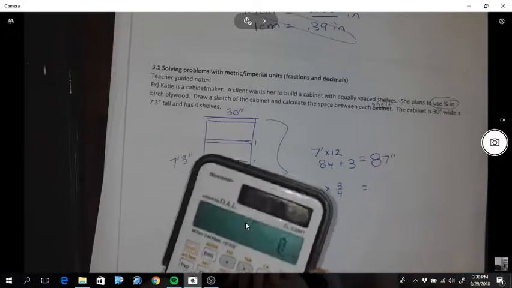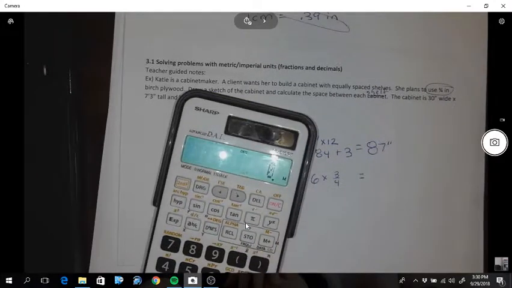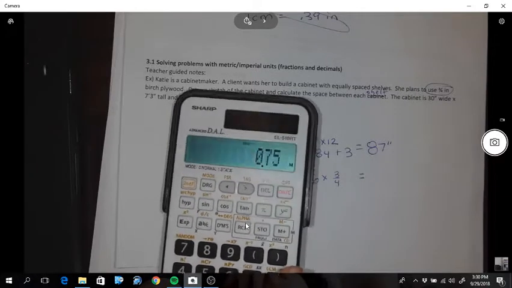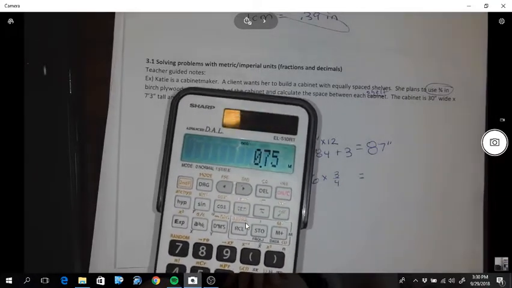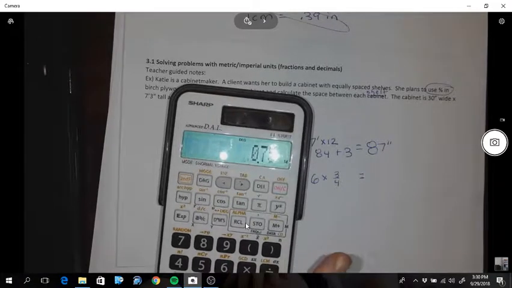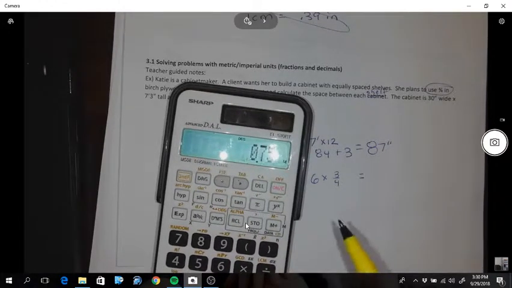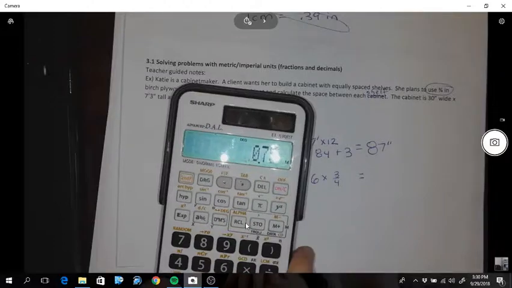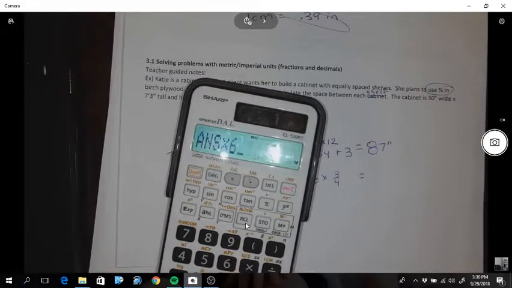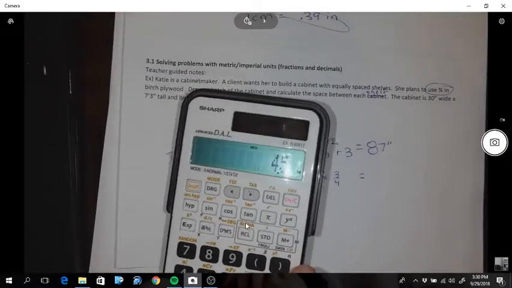If I don't know what 3/4 is, I can type that in as a fraction like this, 3 divided by 4. Okay, 0.75 is a decimal that you should recognize that's equivalent to 3/4. So if you knew that, you can already have 0.75 in your calculator. Times by 6, so that's 4.5 inches.